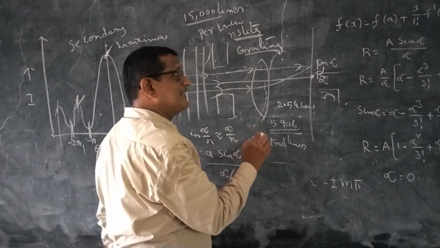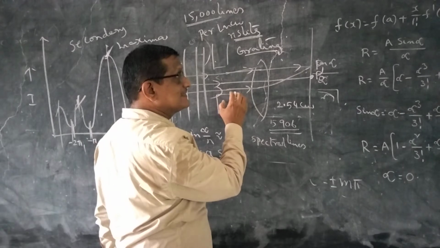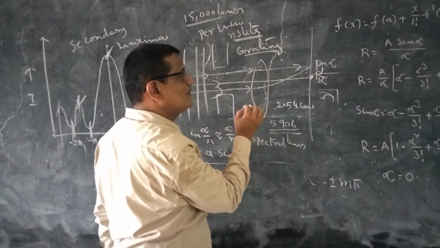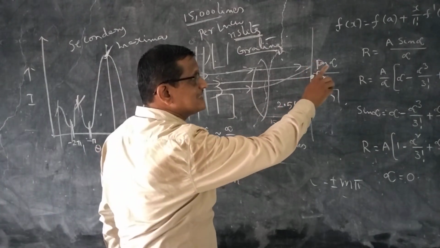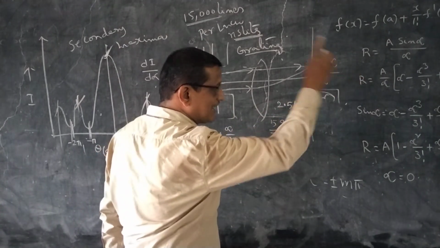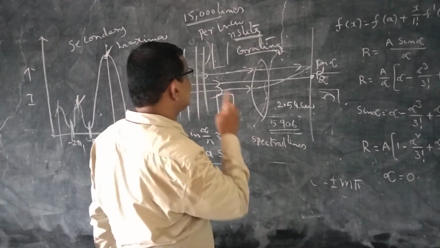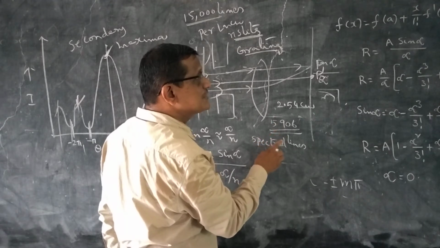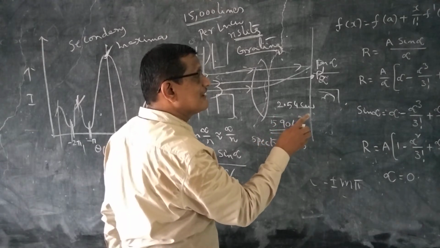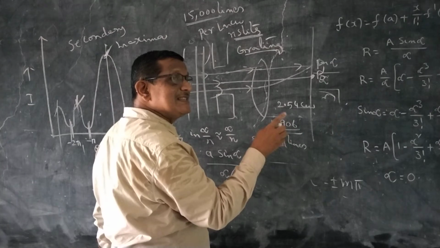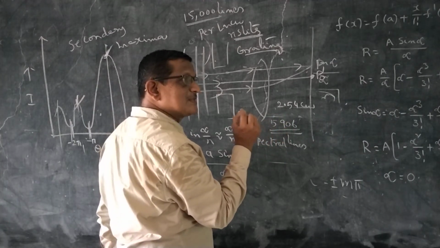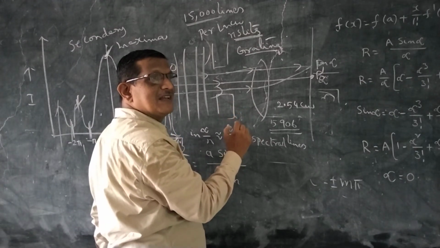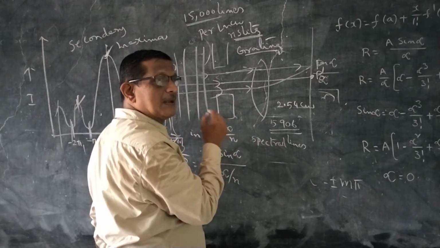Here you should keep in mind the resultant amplitude R is equal to A sin alpha by alpha, and the resultant intensity I is equal to A square sin square alpha by alpha square, with the central maximum and secondary maxima. By using these expressions, we can derive simple expressions for the grating, and by using those we can determine the wavelength of spectral lines using an optical grating.